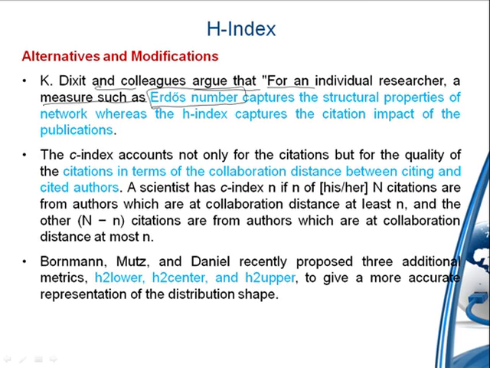Suppose an author A writes a paper with author B, and author B then writes a paper with another author C. As C doesn't write any paper with author A, there is a gap between author A and C which is equal to 2.